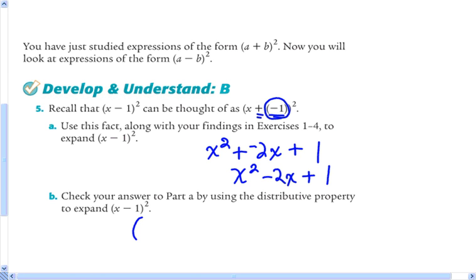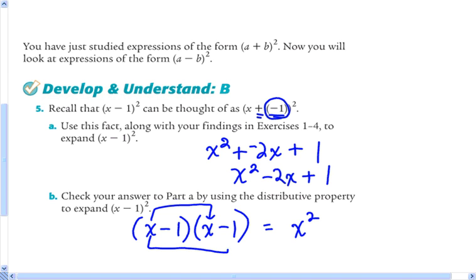And just to check that, if we expand this expression and use one of the methods that we learned, like the FOIL method, if we multiply x times x, we get x squared. If we multiply x times negative 1, we get negative 1x.